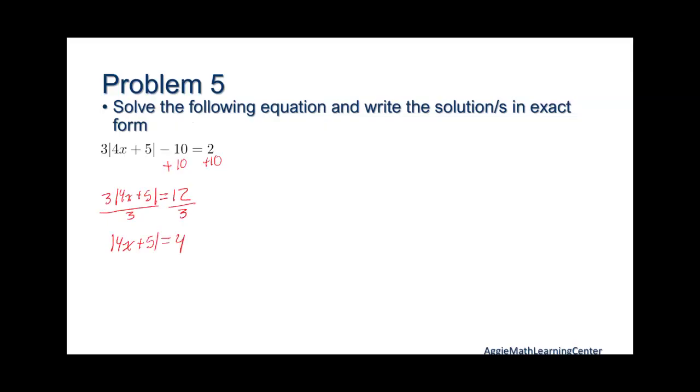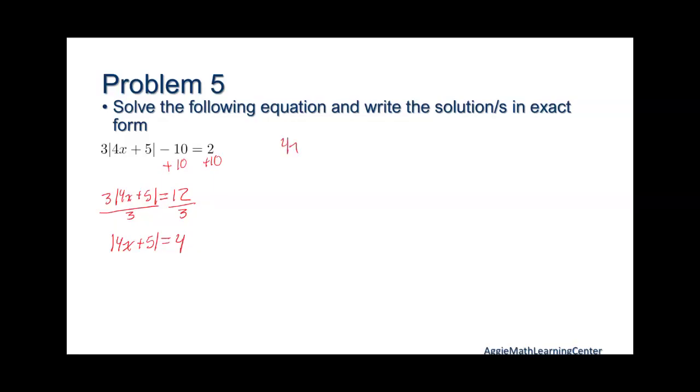All right. How many solutions are we going to get? Two. Why? Because it doesn't equal 0, and the other option is that if it's negative, then it's no solution. So it has to be 2 solutions. All right. So what are our 2 equations?